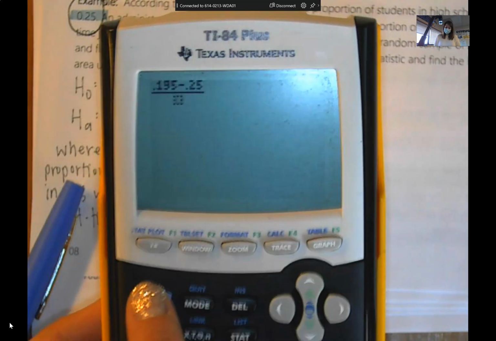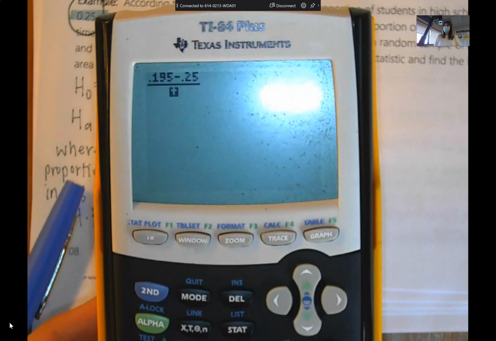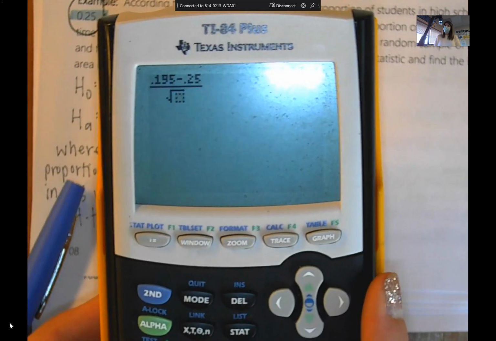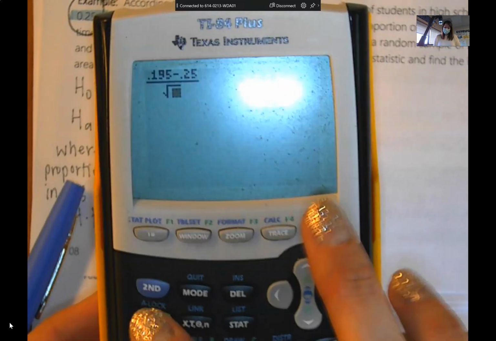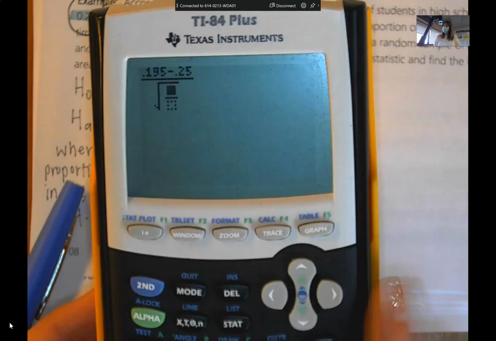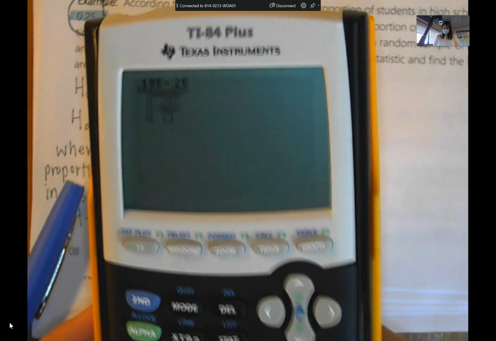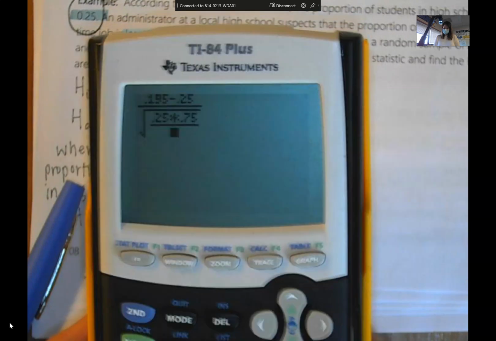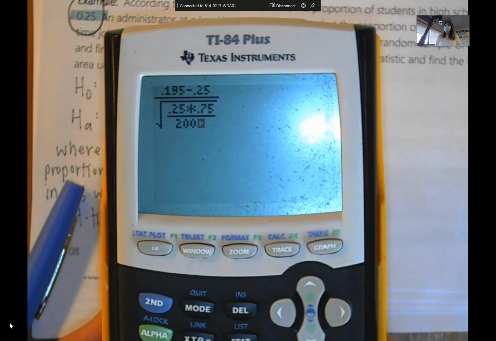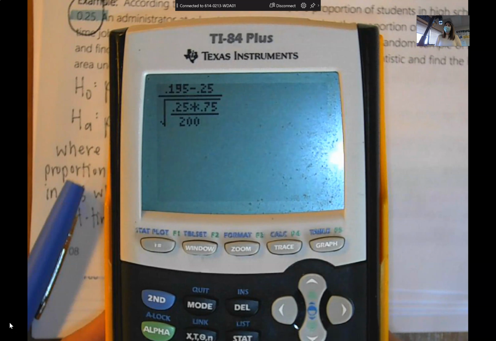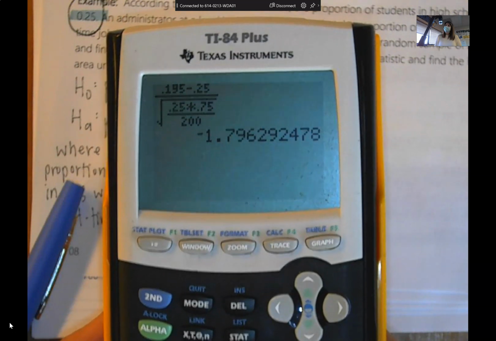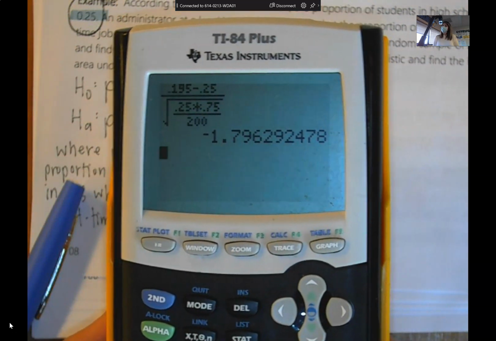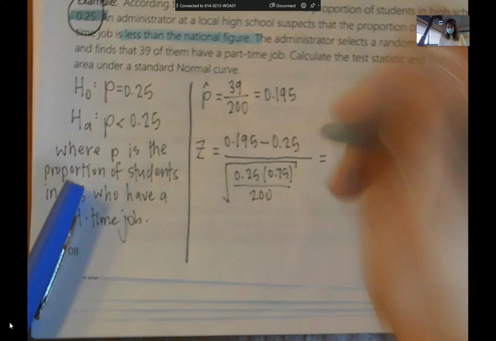Hit your blue button and your X squared button to get your radical. Then do green to get your fraction. So I have it in my calculator exactly like it is on my paper, and I get negative 1.796.